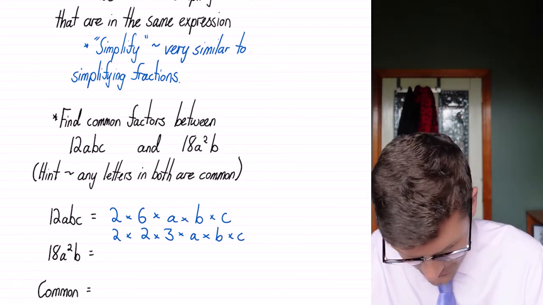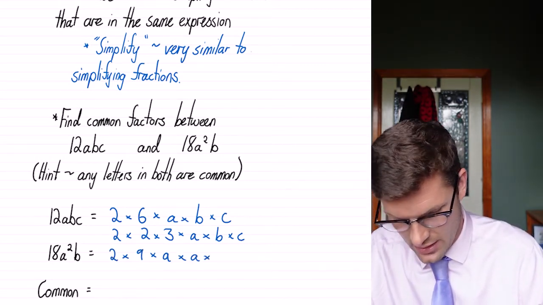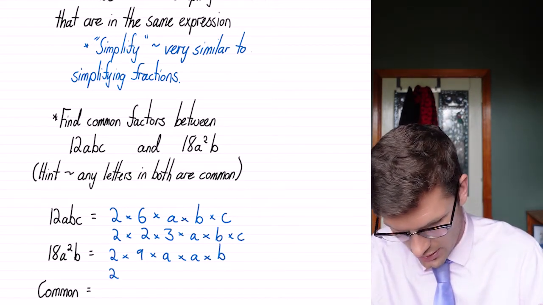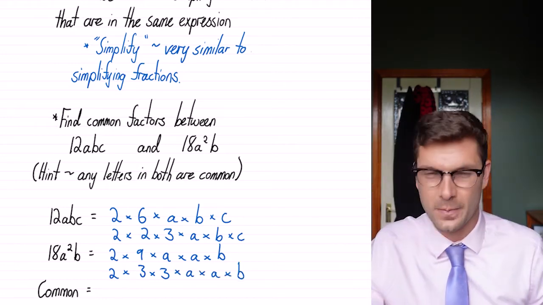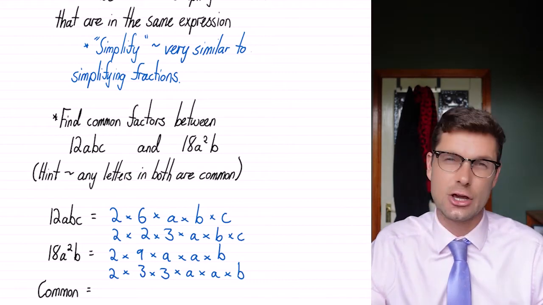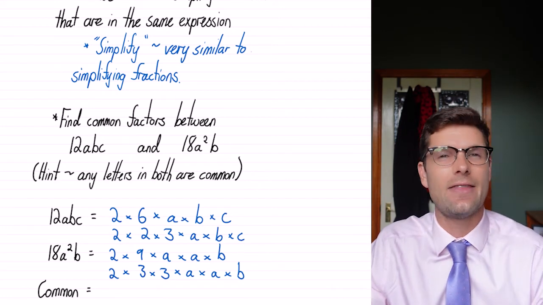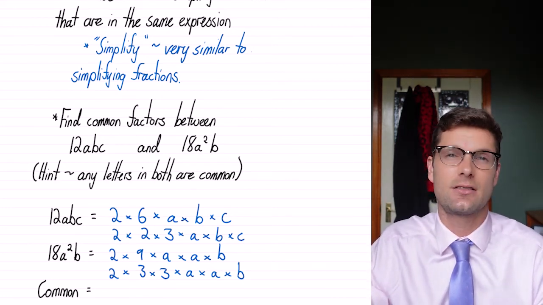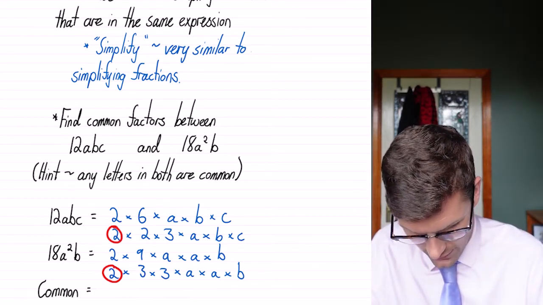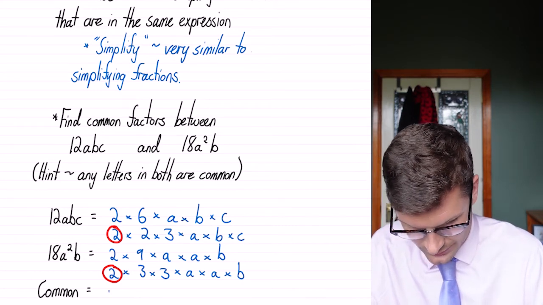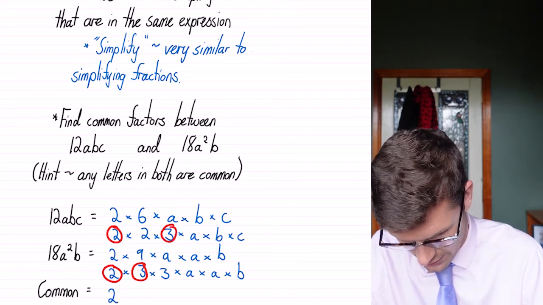For this next one, the 18, we've got 2 times 9 times a times a times b, and that 9 can be broken down into 3 times 3. What we've got to look for here is the common things between both. I'm going to circle these in red and then write them out as a complete term at the end. 2 is common in both, so I can write that down. The 3 is common, so we've got 2 times 3.